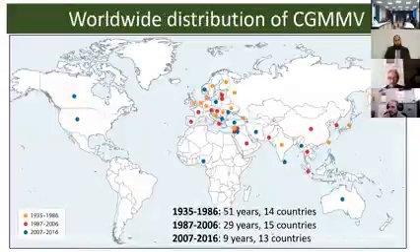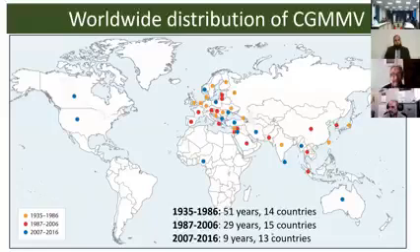And now you can see in this chart the worldwide distribution of CGMMV between 1935 and 1986, almost half a century. The virus was found only in 14 countries.